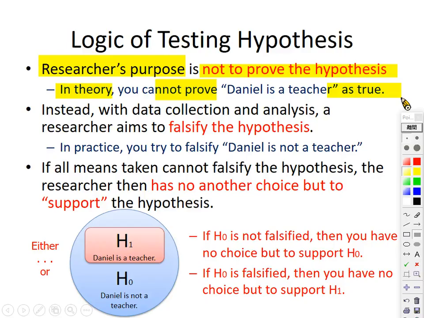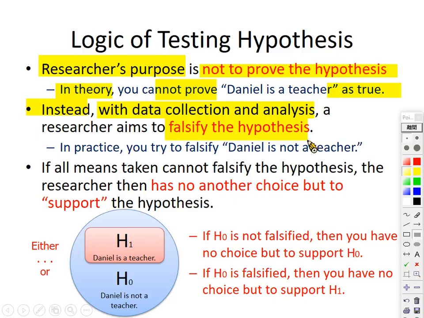But there is a cue here. Instead, with data collection and analysis, we do one time of data collection, one time of data analysis. We cannot prove it is true, but we can aim to falsify the hypothesis. Which means that if something stands there, we can prove that it is wrong for one time, simply one time, then it cannot be true.